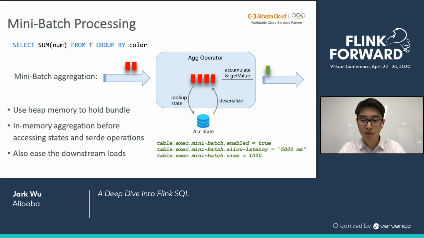You can also use both of them. When the bundle is triggered, we will aggregate the buffered records into a single accumulator for each key, and merge this accumulator with the one in the state. So there is only one state access per key for so many buffered records. So you can get a very significant boost in throughput. And this also reduces the output amount and its downstream load.